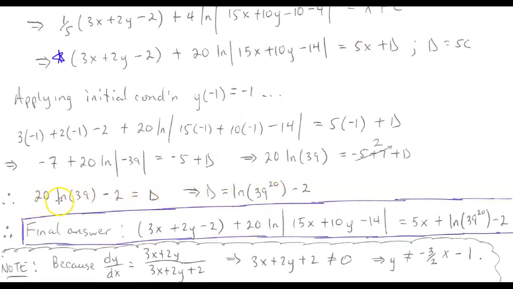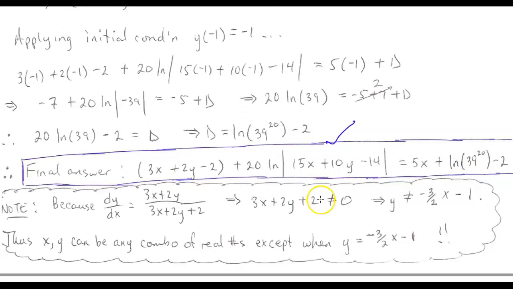So it ends up being 20 times natural log of 39 minus 2, which we can also rewrite as natural log of 39 raised to the 20 minus 2. Okay? And of course, our final answer ends up being this here, where our d just ends up being natural log of 39 raised to the 20 minus 2.